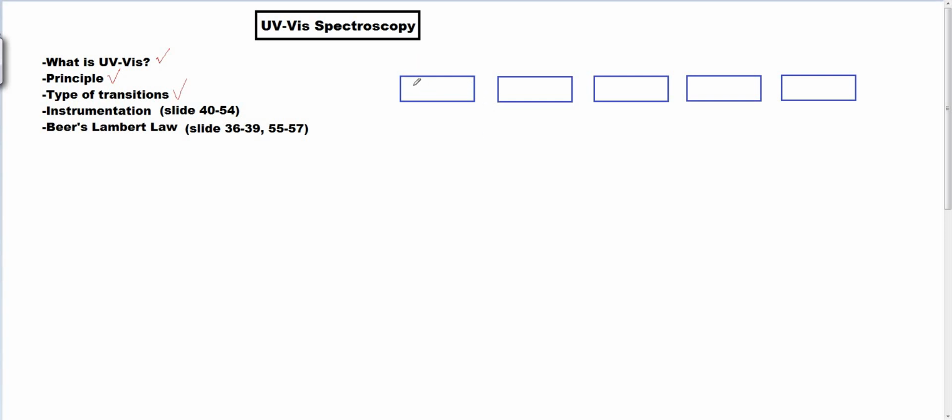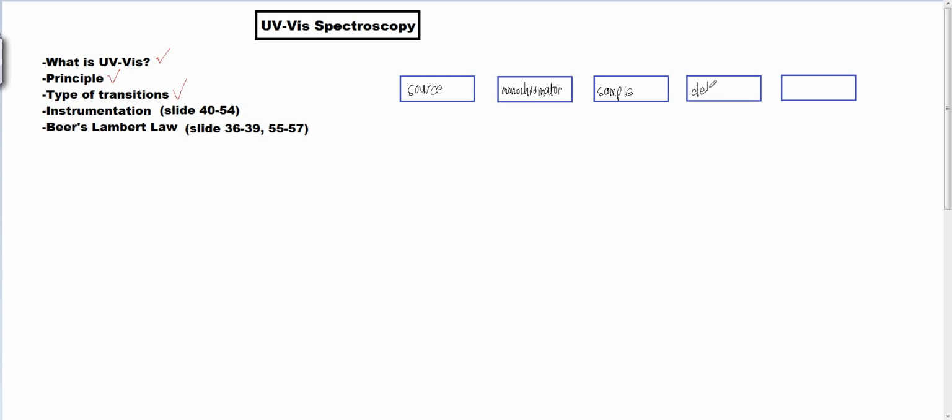Okay, so usually it will start with the source. This is light source. When we talk about the UVs, you supposed to know that it will start with the source, and then you supposed to know this one we call it as a monochrometer. And then it will go to the sample, we call it as a sample location, or this is the place that you have to put your sample.